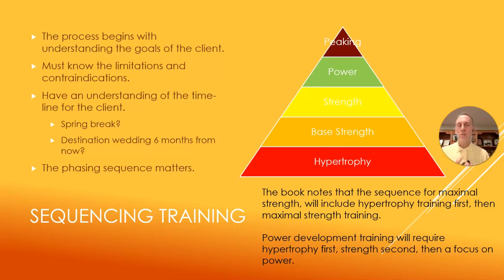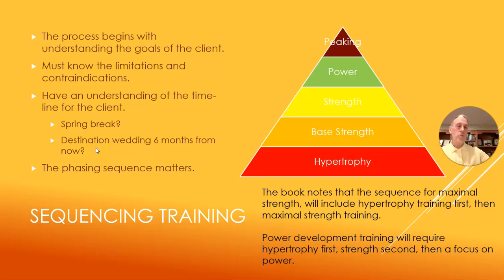My point is, in terms of timeline, sometimes the calendar just doesn't give you the opportunity to go fully from hypertrophy to peaking, and you have to allow the appropriate amount of time to apply the right stressors, because base strength is built off of hypertrophy, strength is built off of base strength, power is built off of strength, and peaking is the result of power. You can't just take somebody to peaking after going through higher volume hypertrophy. It just doesn't work.